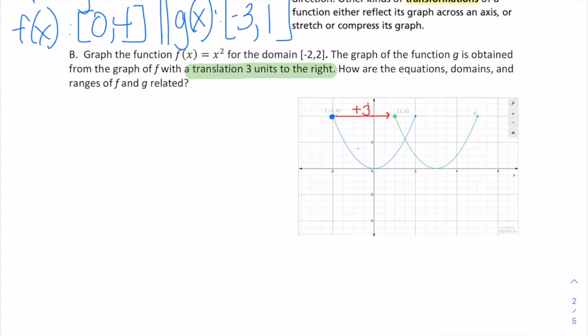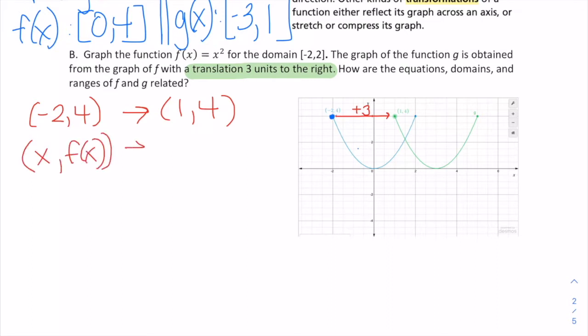So let me just write these points here. So we have (-2, 4) changes to (1, 4). So this is our x, this is our f of x. And this switches to x, comma, g of x plus 3. So we're switching that x to x plus 3.